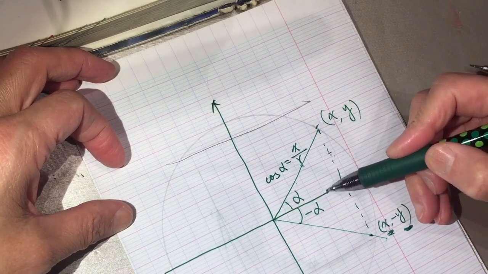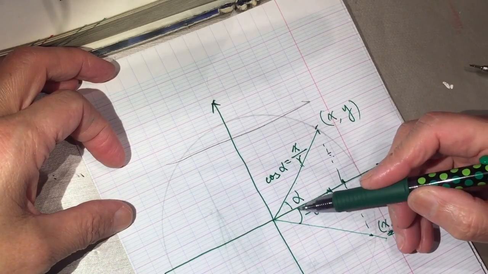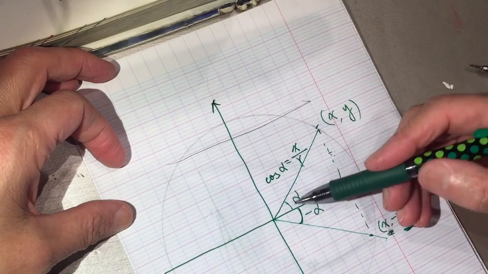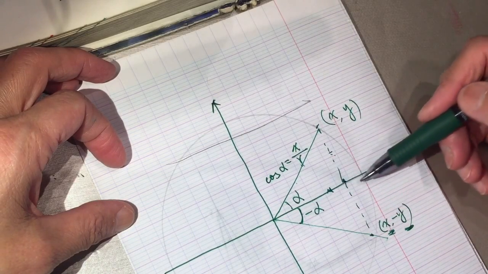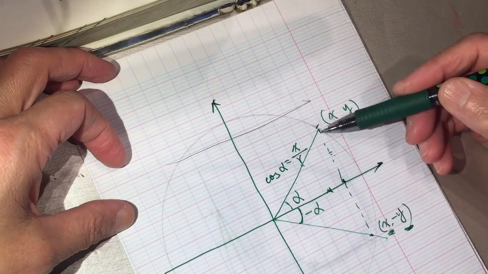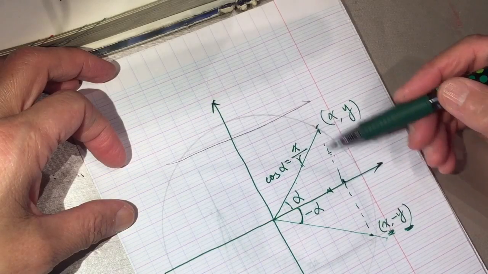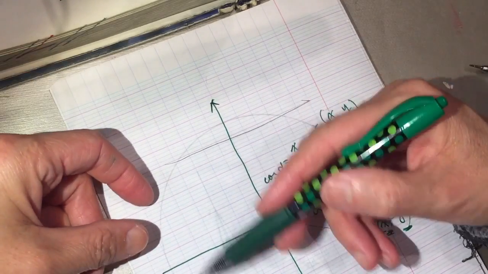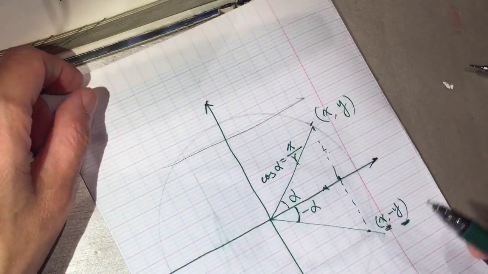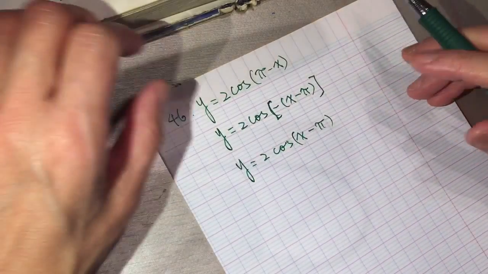So no matter if the angle is positive or negative, the value of x is always the same. I didn't explain it very well.